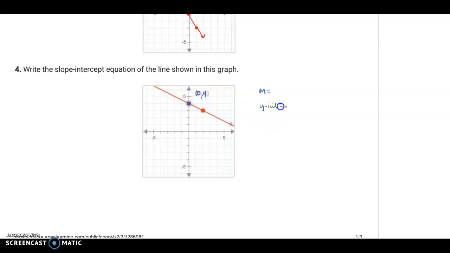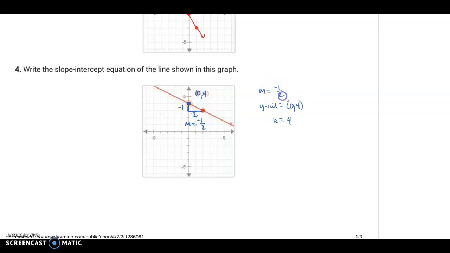So right away, if my y-intercept is 0, 4, what is my b going to be? It's going to be 4. Now, from yesterday, I have to calculate my slope. What is my rise over run? So, if I calculate this, I go down 1, right 2. So the slope of this line is down 1, right 2.